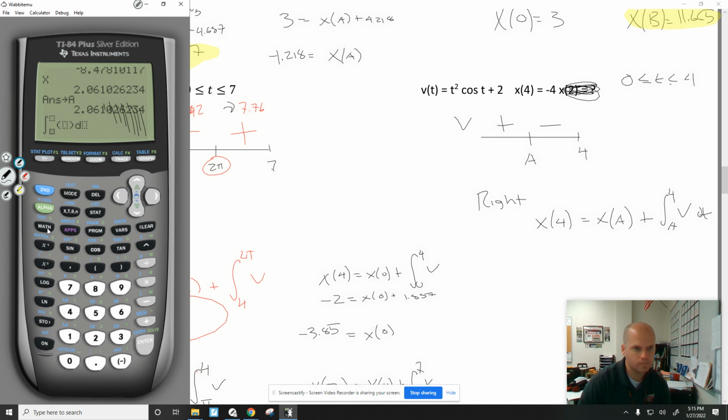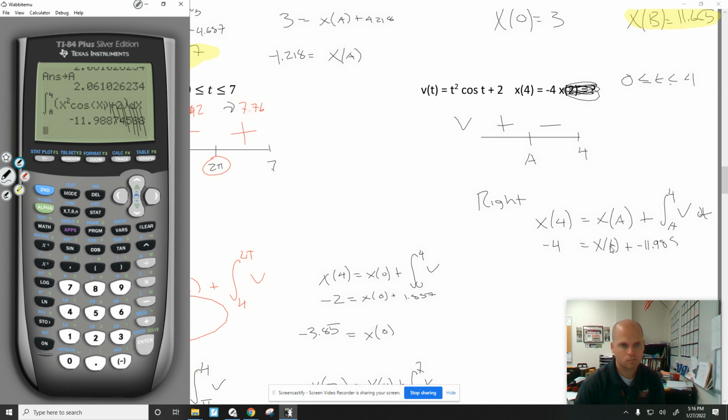A to 4 of t squared cos t plus 2. I'll take negative 4 and I will add that. So, take negative 4, add that, subtract the negative.